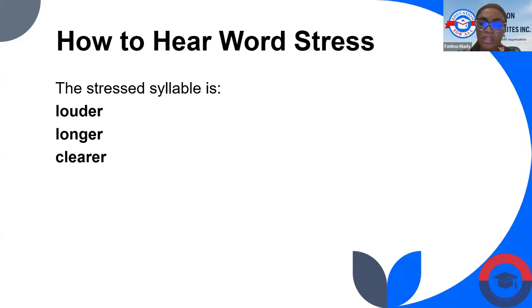The other syllable is just shorter. And it's clearer. The second syllable is not as clear as the first. So table, hotel, pencil, kitchen.